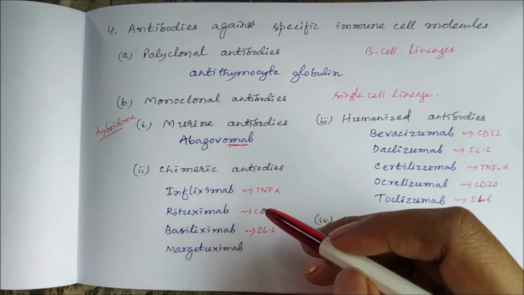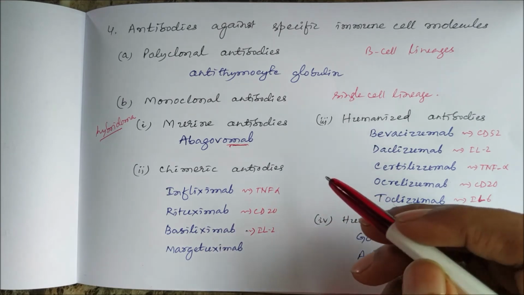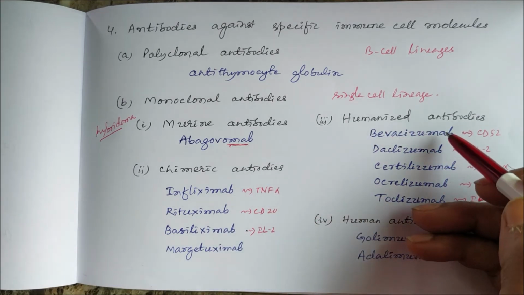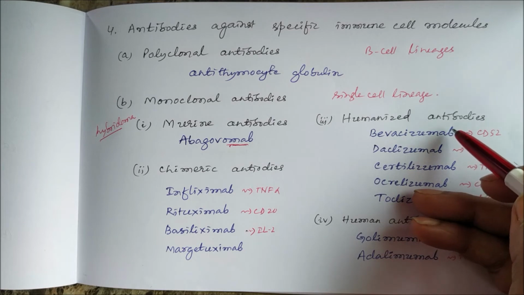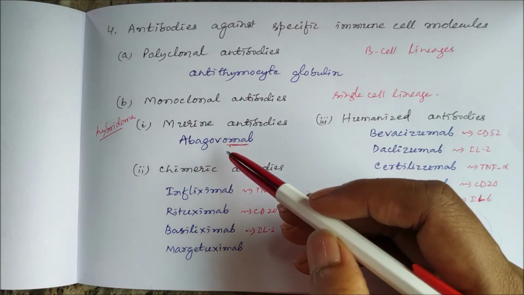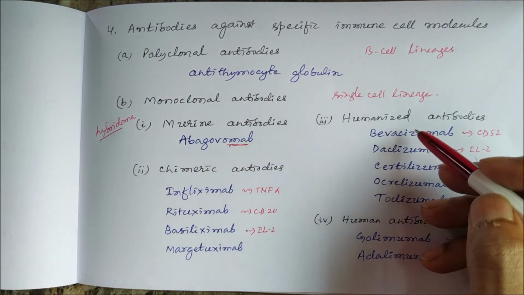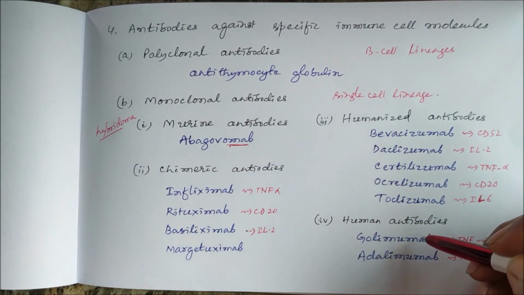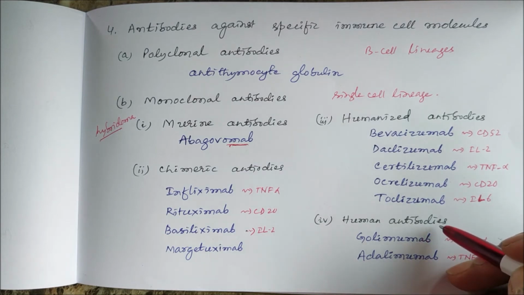Then the third generation is the humanized antibodies. And the final one, the human antibodies, use DNA recombinant technology.